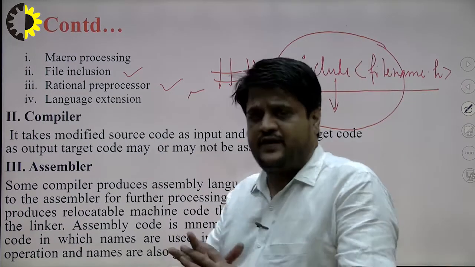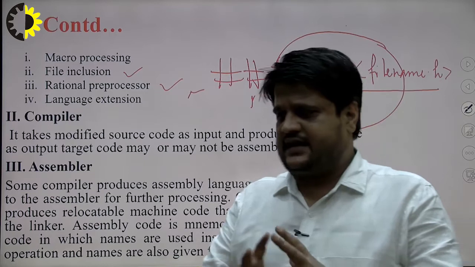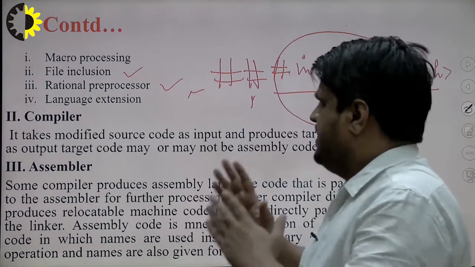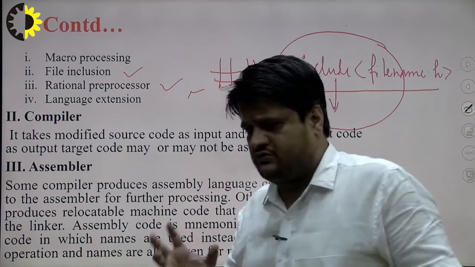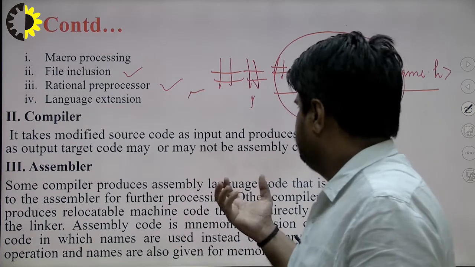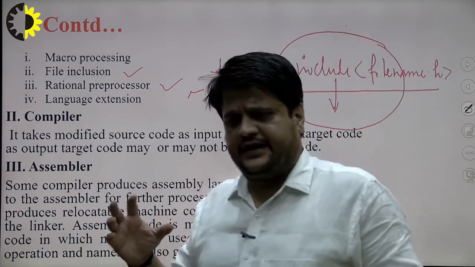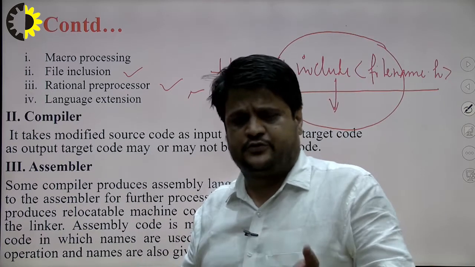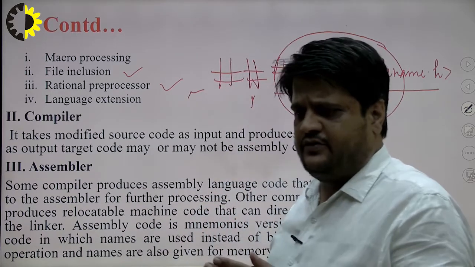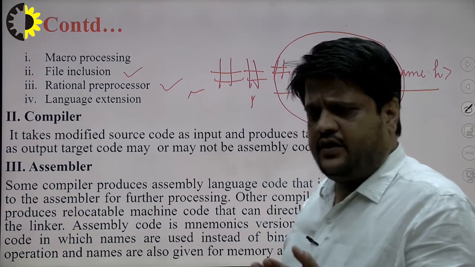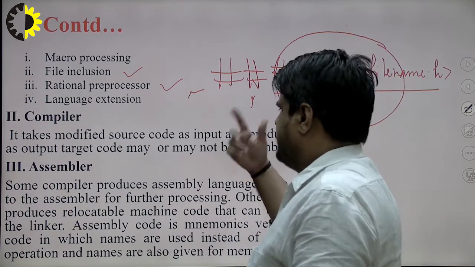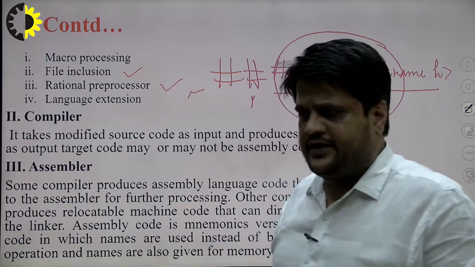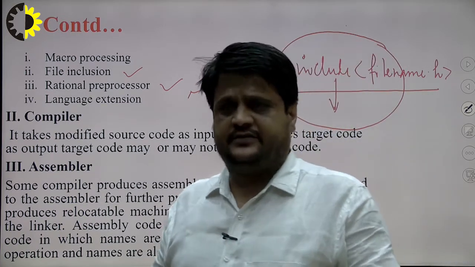Now we will move towards the second processor, which is called the compiler or interpreter. The compiler or interpreter takes the modified source code as input. In case of a compiler, it will produce output in the form of machine code, or it can produce assembly code as output, but in case of an interpreter it will produce the results, right?